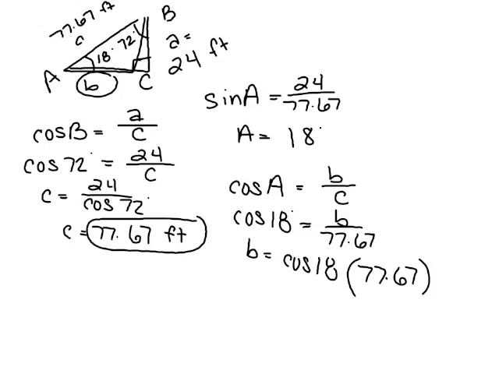Okay, so grab your calculator. 18 cosine times 77.67 equals, so my little b side, 73.87. Is my hypotenuse still the longest length? Barely, huh? Okay.